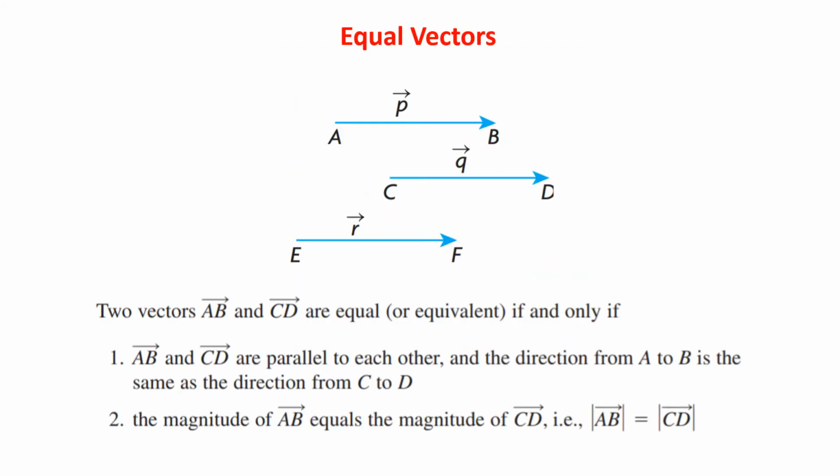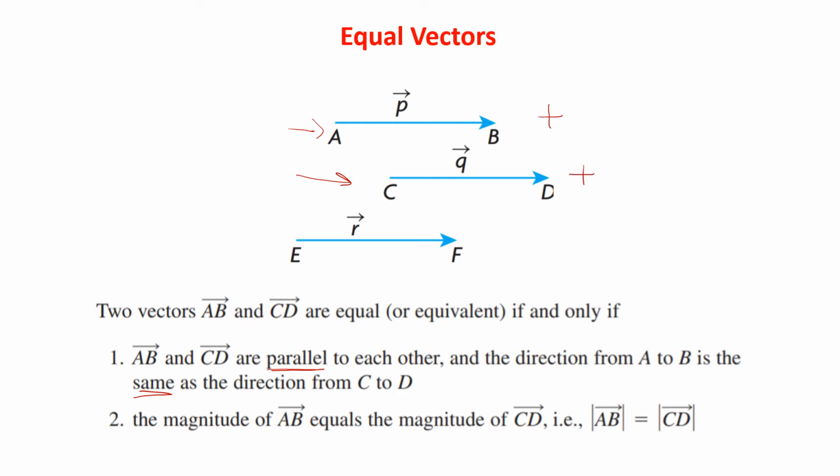In order to determine if we have equal vectors, we need to satisfy two conditions. Condition 1 is AB and CD are parallel to each other, and the direction from A to B is the same as the direction from C to D. So that means I know these are in fact parallel to each other, and they both go in the same direction, so it goes in the positive direction.